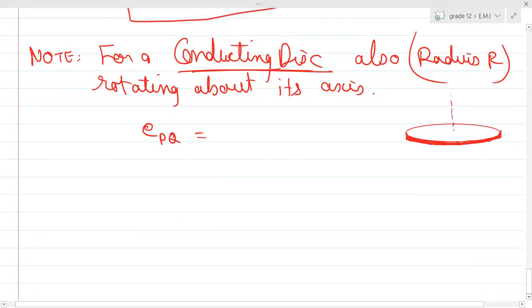So suppose, guys, this disc is rotating about its central axis like this with angular speed omega. If it has a radius r, then the EMF across these two points, the center and a point on its circumference, EMF across PQ is basically half B omega r square.